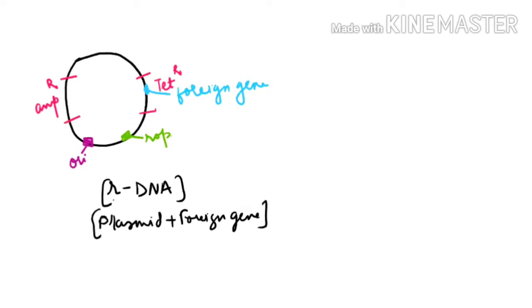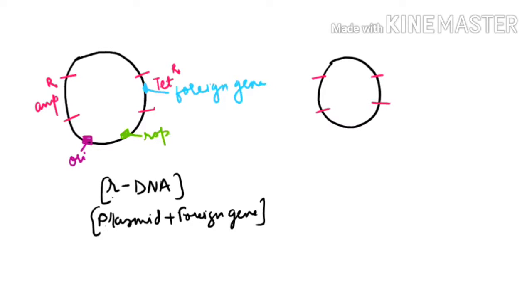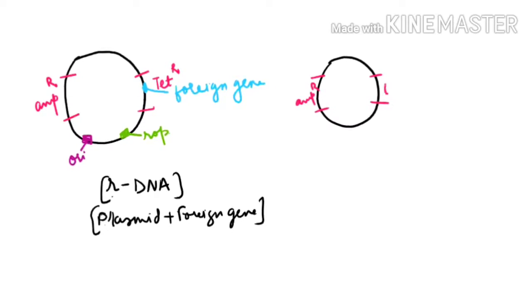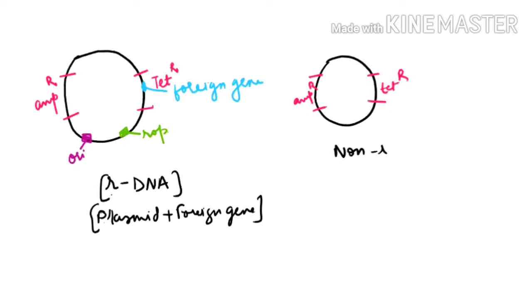If it has taken the gene, then we say it is recombinant DNA, but see here, if suppose this is the plasmid and it has not taken my foreign gene, this is your ampicillin resistance and this is your tetracycline resistance, and this plasmid has not taken the foreign gene, then we say it is non-recombinant DNA.